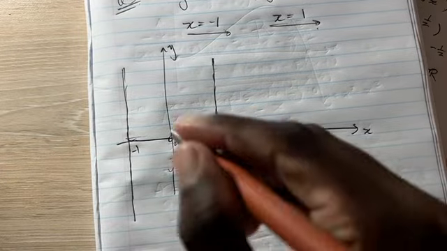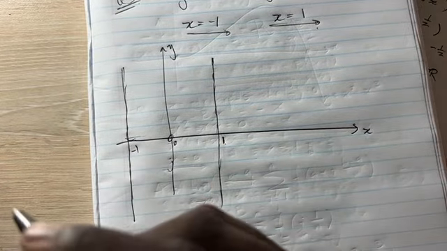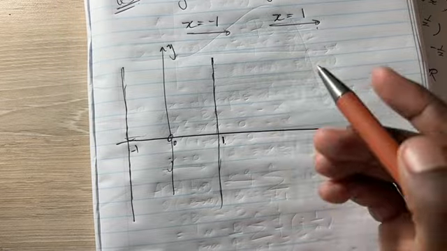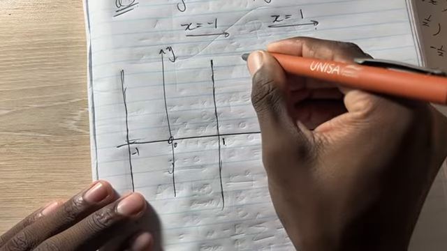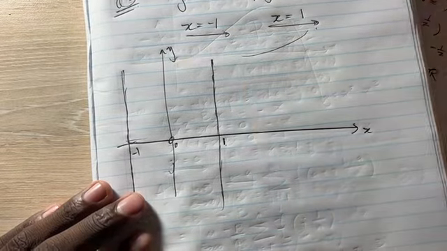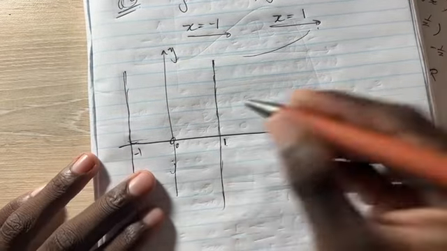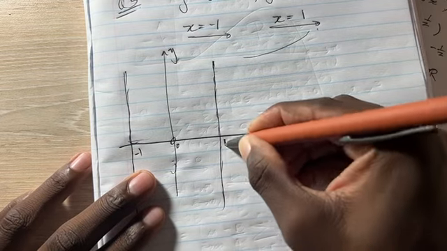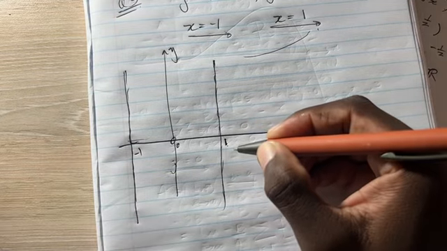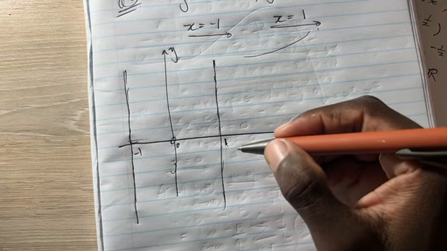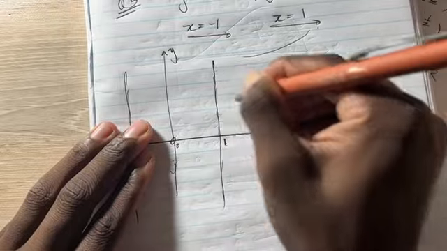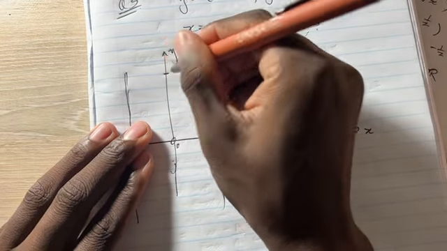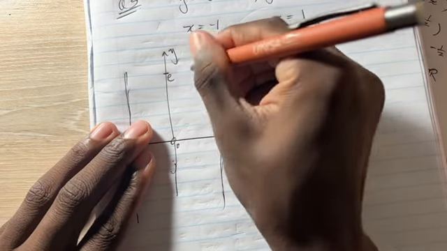Okay, let's see now. The first function is an exponential function, y equals e to the x, something like this, and then it grows. Let's check the value at x equals 1, it's equal to e, and e is something close to 3.